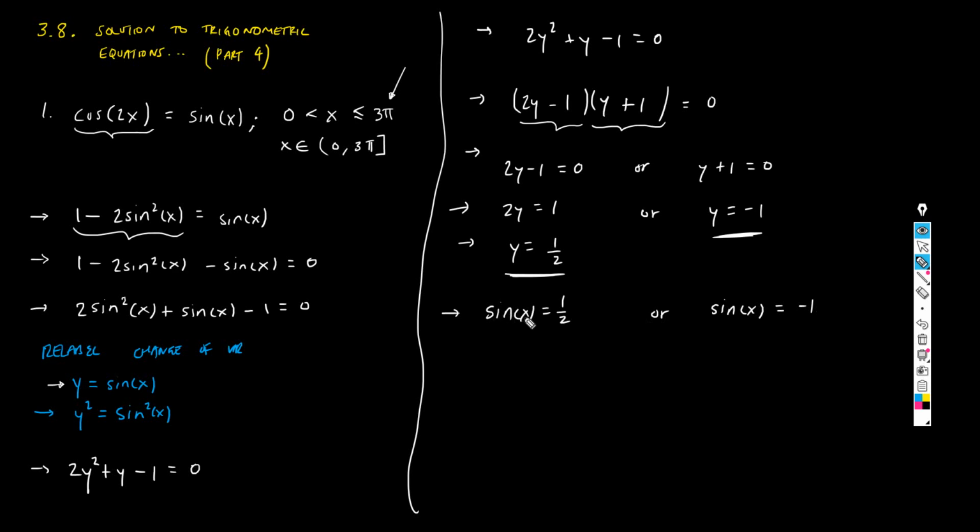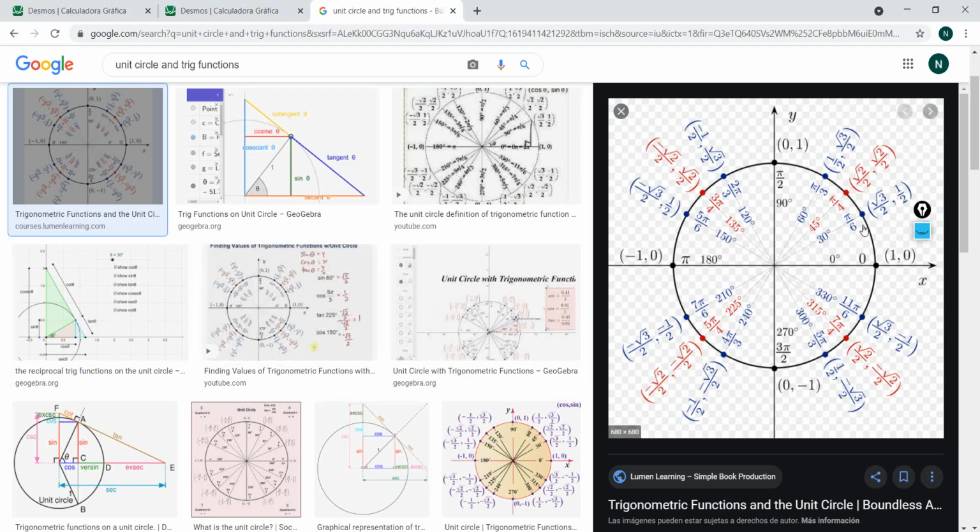So for what angle do I have that the sine of that angle is equal to 1/2? Let's see. I inspect the y coordinates. This is 1/2 for pi over 6, and this is 1/2 for 5 pi over 6. So let's write that down.